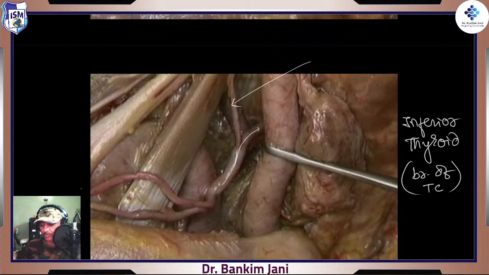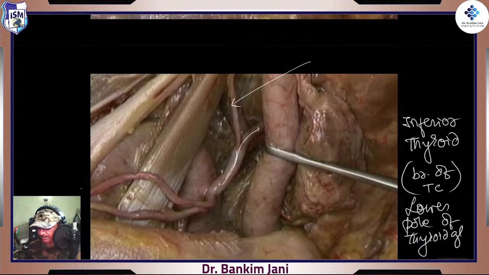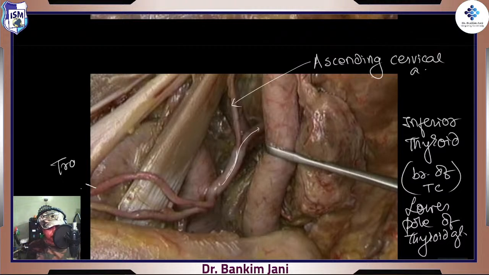Before it proceeds to the lower pole of the thyroid gland, it gives one branch above, and this is what is called the ascending cervical artery. This one was the transverse cervical, and then this inferior thyroid goes, right?